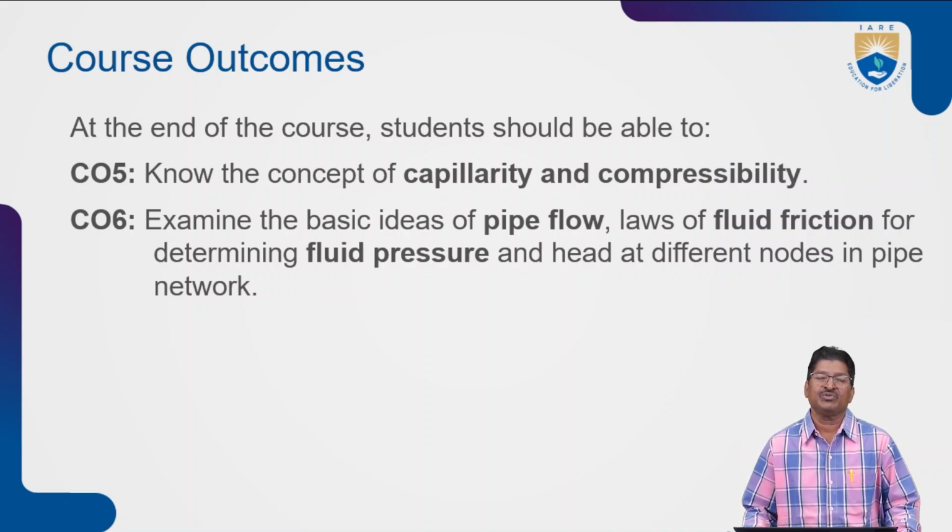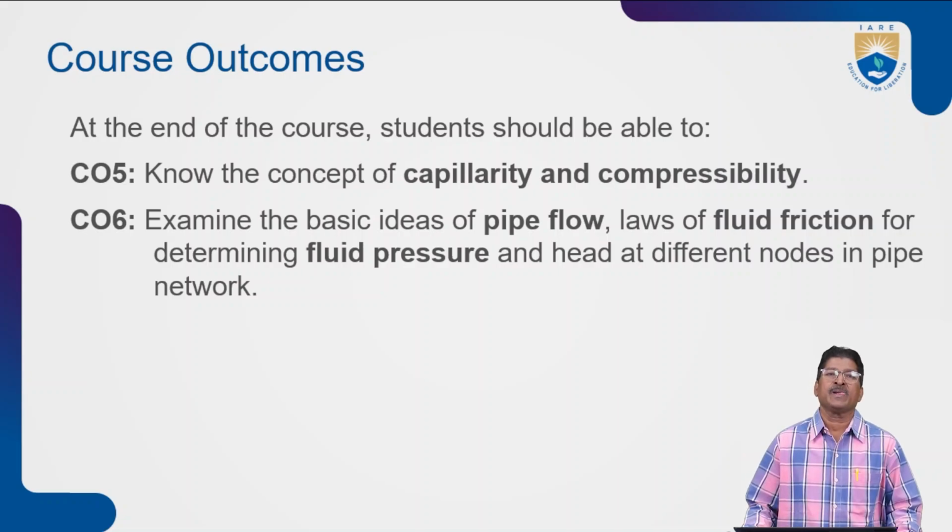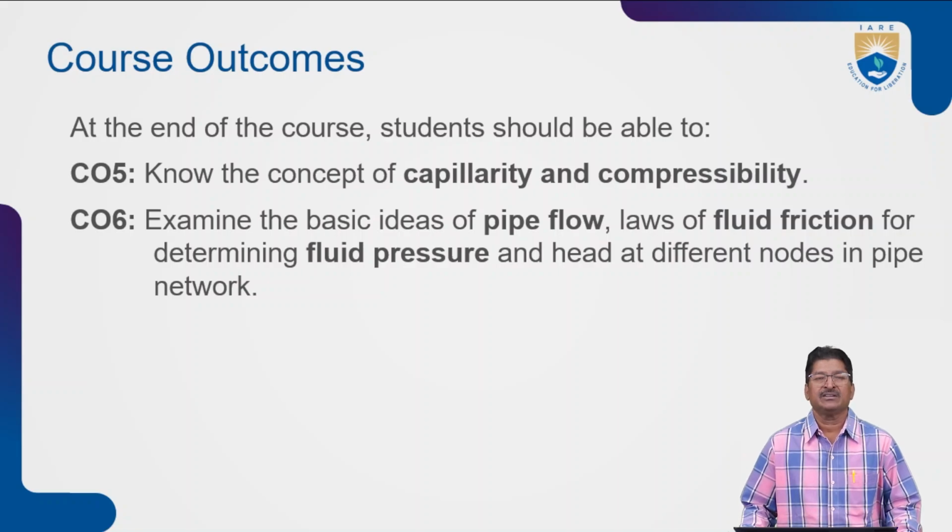If a fluid is flowing from one point to another point, frictional losses will occur, so there will be loss of energy from point to point. Those are called fluid friction and pipe flow or fluid pressure. This is under course outcome 6.